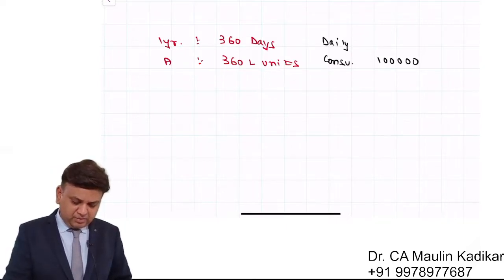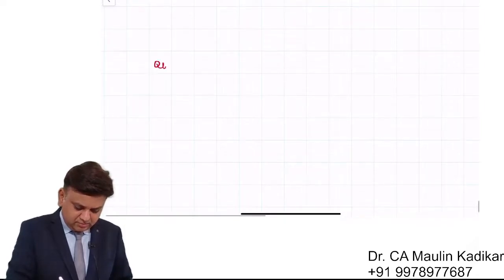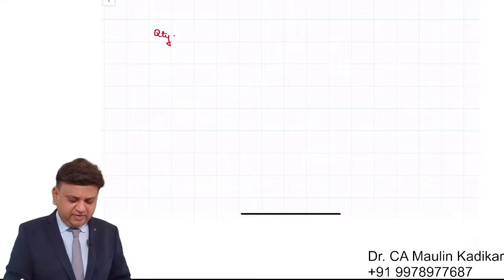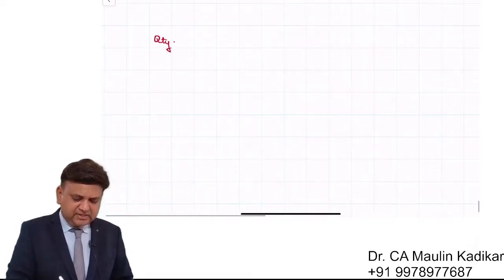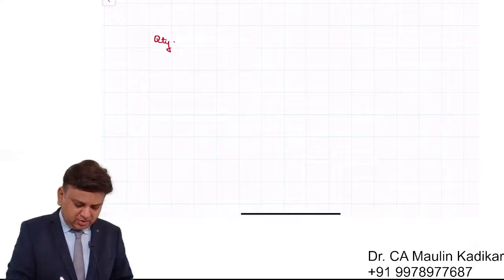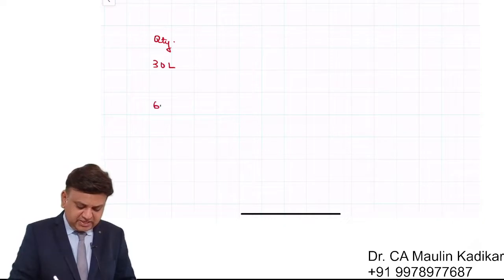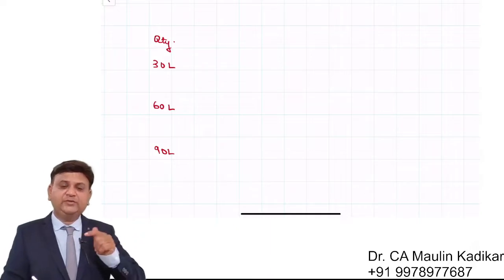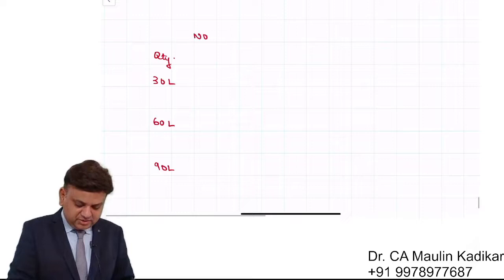Now, the quantity of raw material for which we can place an order is, let us say, just taking certain assumed values. Let us say we are placing an order for 30 lakh units, for 60 lakh units, for 90 lakh units. Based on the quantity for which we place the order, we will have the number of orders.